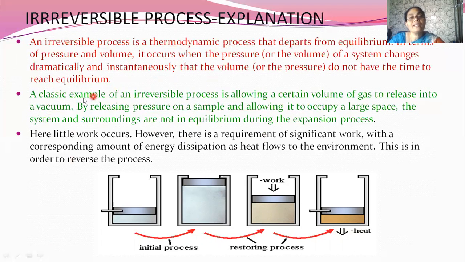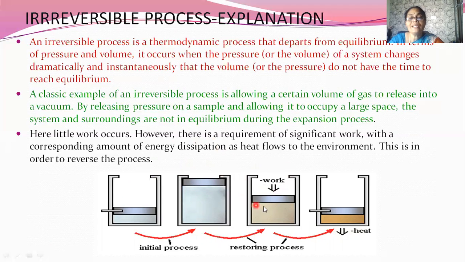Here, we can consider the classic example of an irreversible process by allowing a certain volume of gas to release into vacuum. By releasing the pressure on a sample and allowing it to occupy a larger space, the system and surroundings are not in equilibrium during the expansion process.